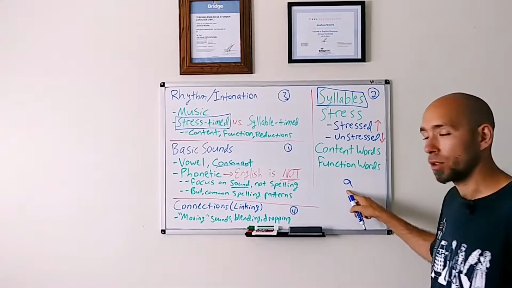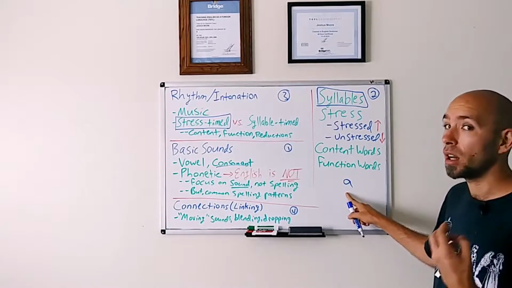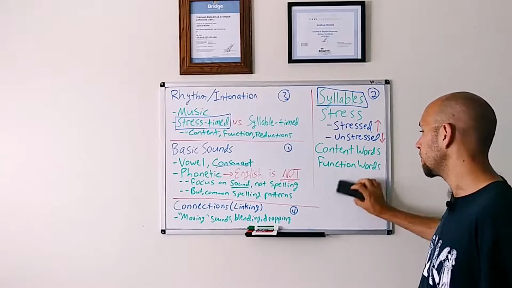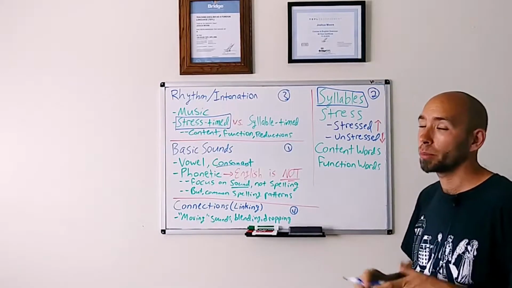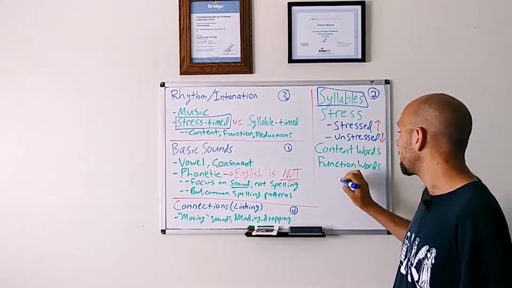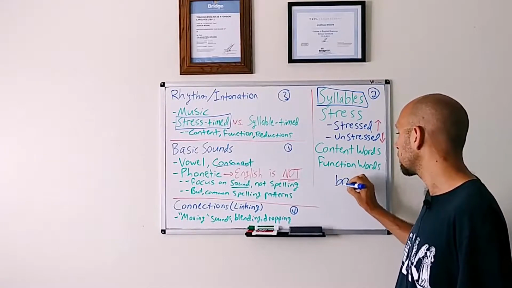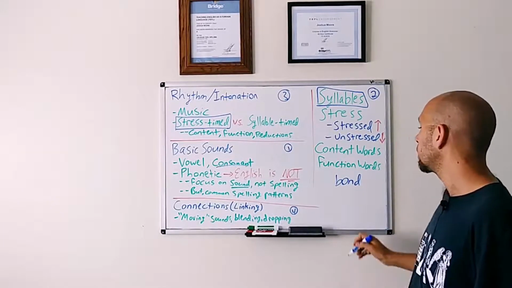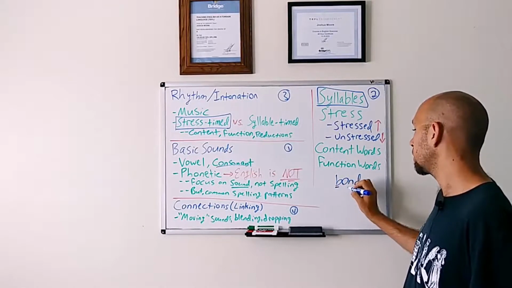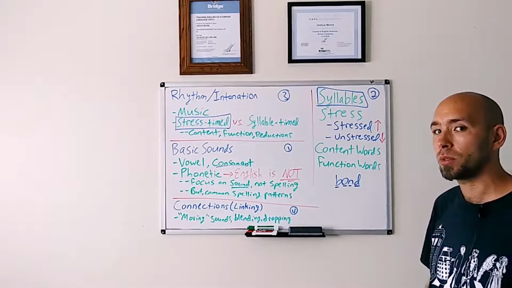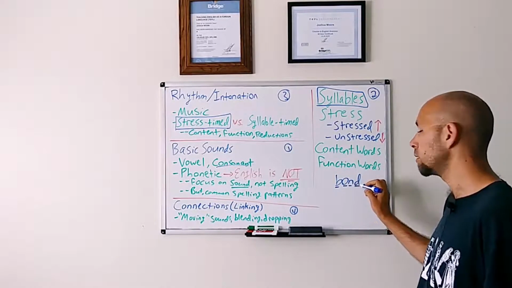We have the article a, often pronounced and it's actually not all that common just to have a single vowel as a word, but it could be. If we say the word, like we saw earlier, bond, B-O-N-D. So here we have 1, 2, 3, 4 basic sounds, b, a, n, d.